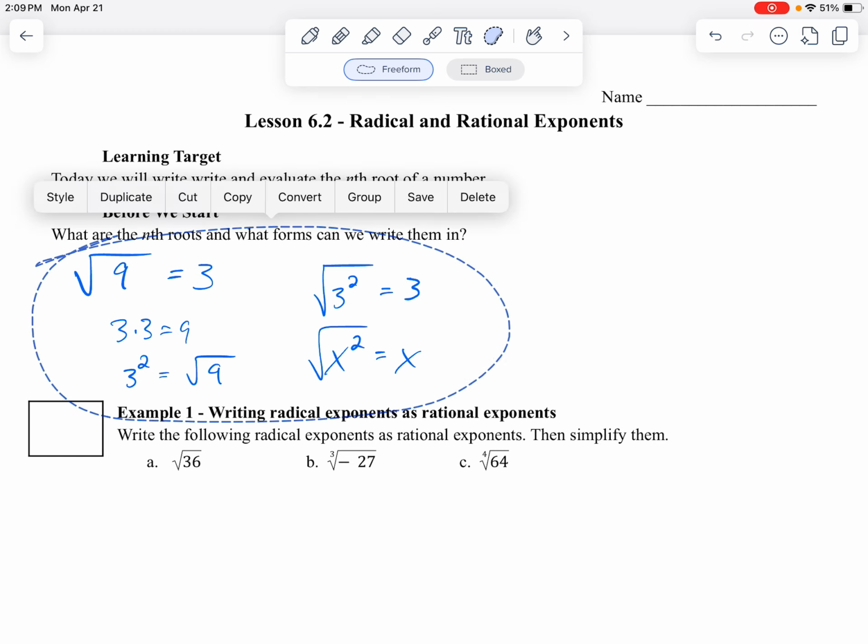We're going to go beyond just square roots now, and we're going to talk about nth roots, so any number root.